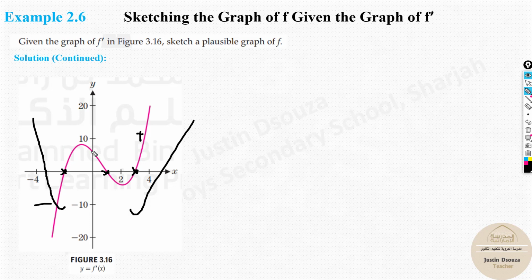Now, one more thing, here it is positive, right? That means it increases. And the y-intercept of the derivative will always be the 0 of the function. When the function is 0, the derivative will be at the y-intercept.